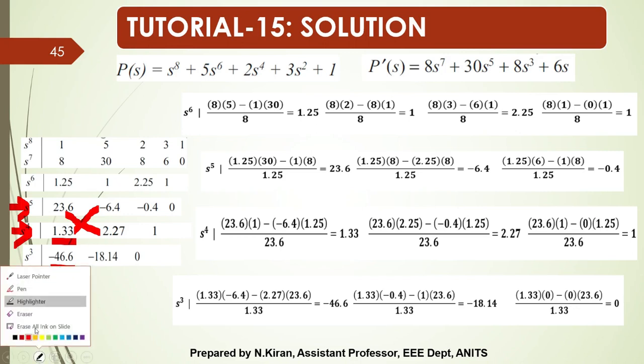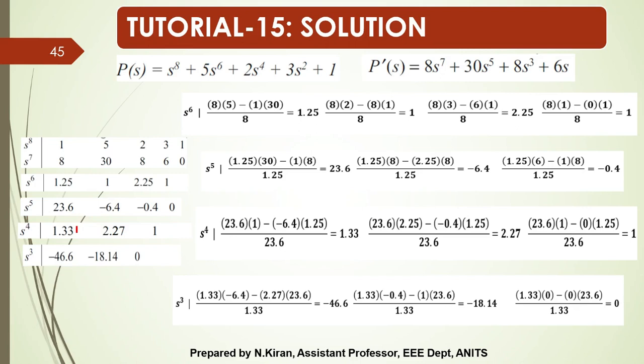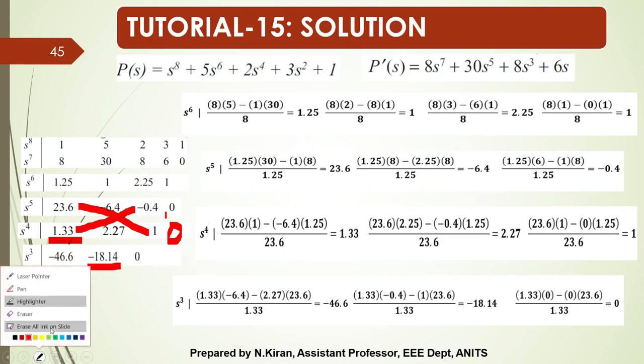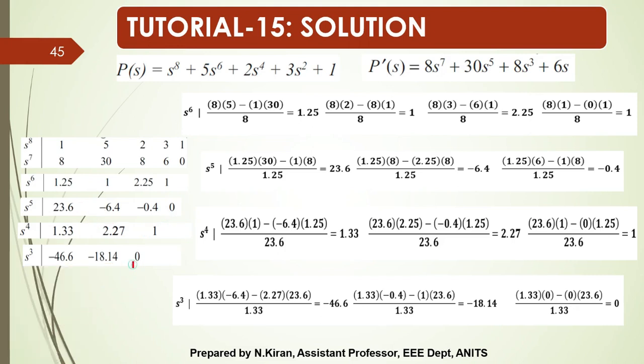The second element can be obtained as 1.33 into minus 0.4 minus 1 into 23.6 divided by 1.33, which will give me minus 18.14. Anyhow, this element is 0, here also it is 0, so the third element in that row will be 0, obviously.